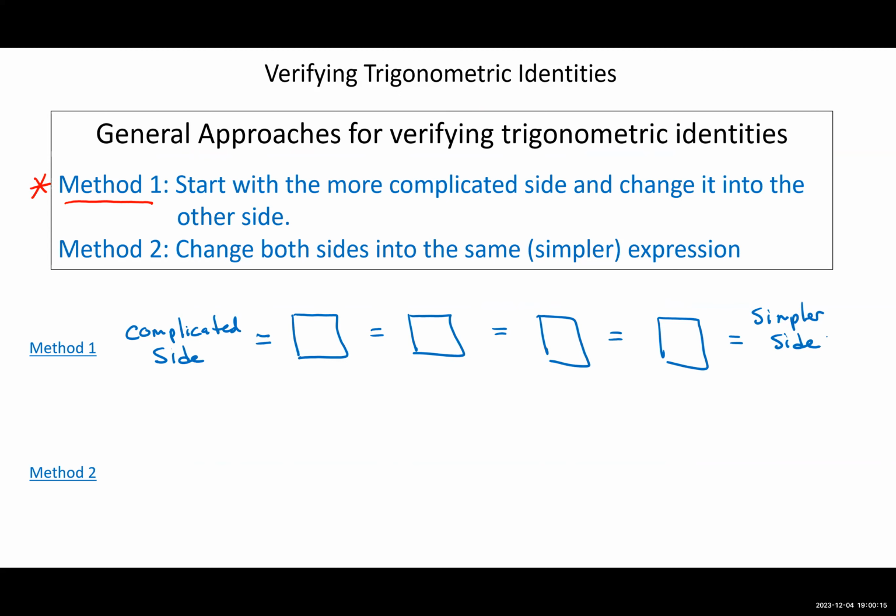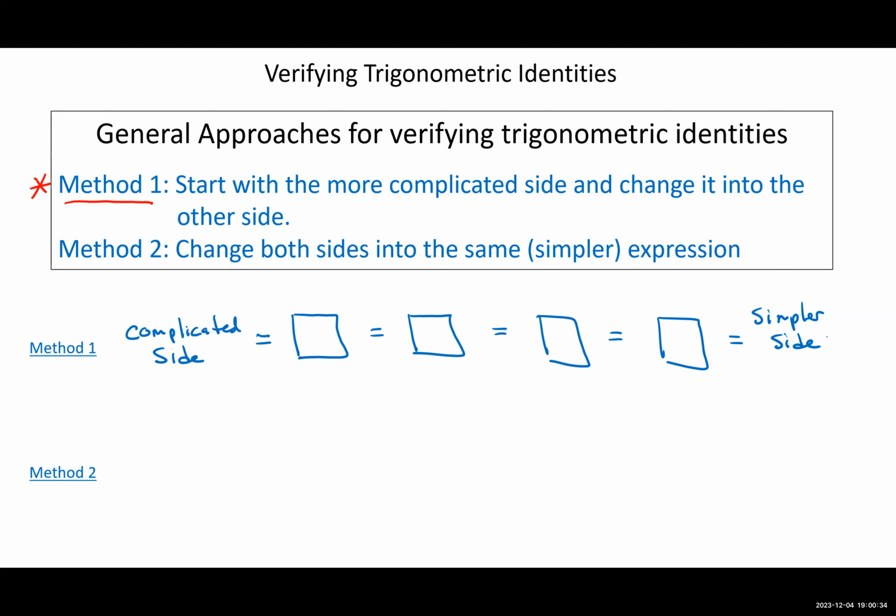So we're basically connecting the two with a chain of logical connections. It's not always going to be 4 steps. Sometimes it's 2 steps. Sometimes it's 8 steps. Sometimes it's 12 steps. These problems can get a little complicated.